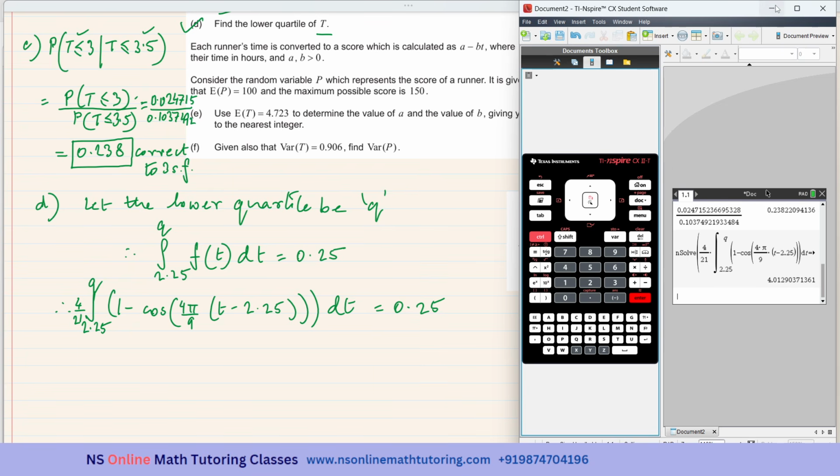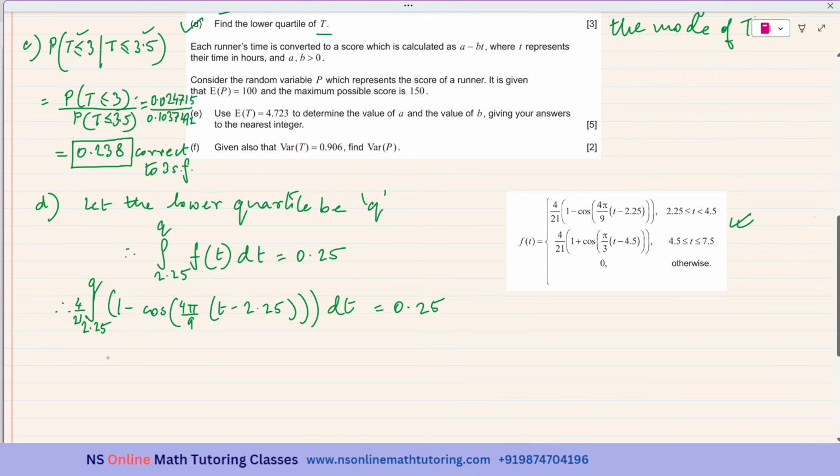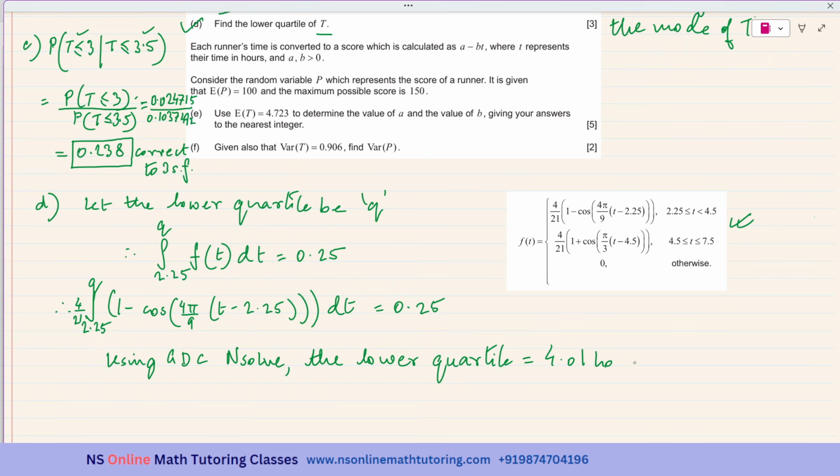Okay, using nsolve on the GDC, the lower quartile is equal to 4.01 hours, correct to three significant figures.